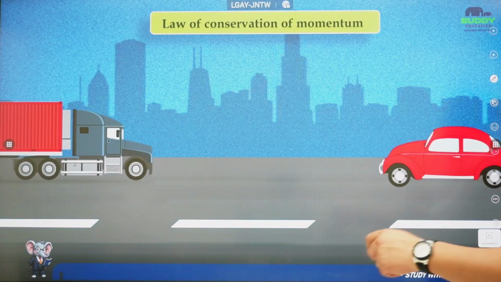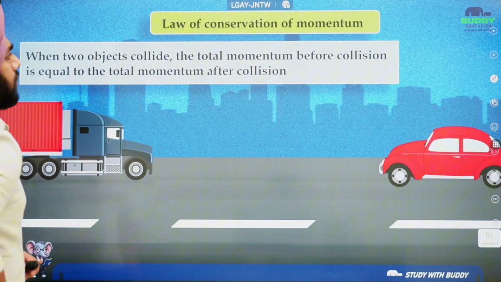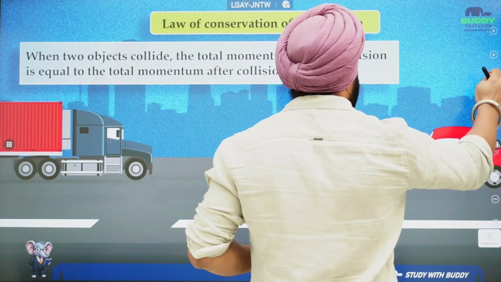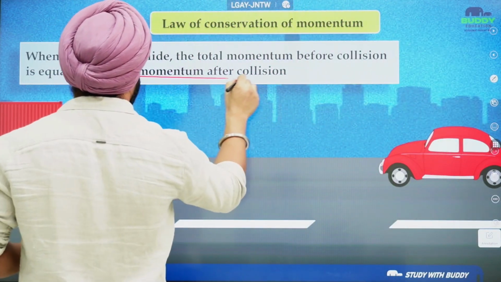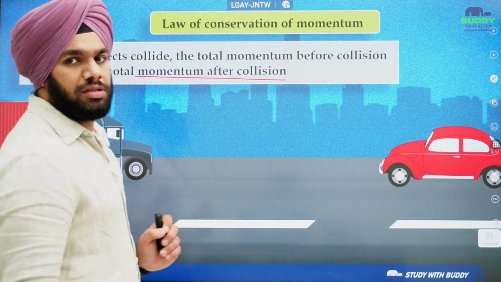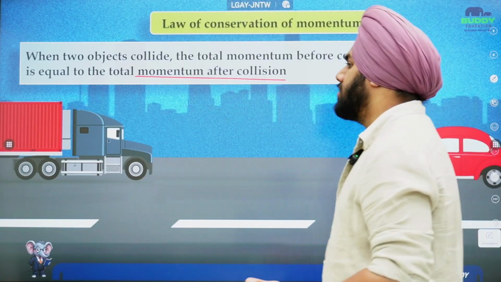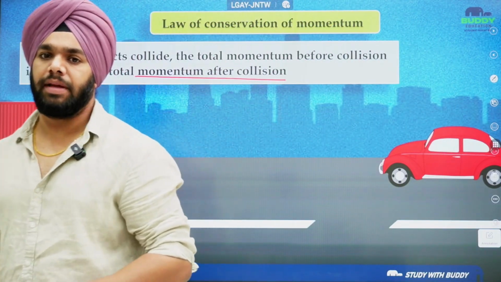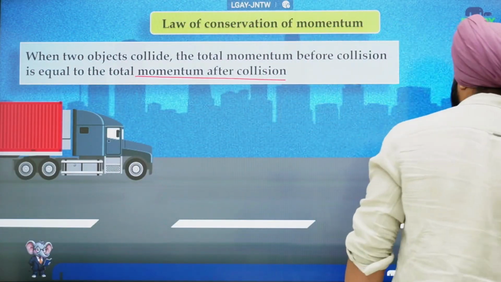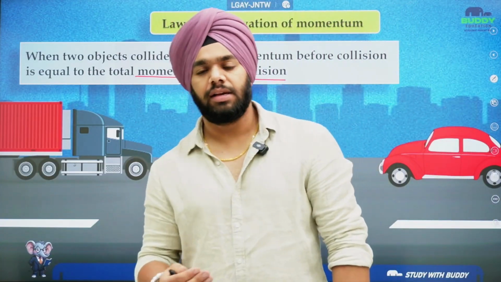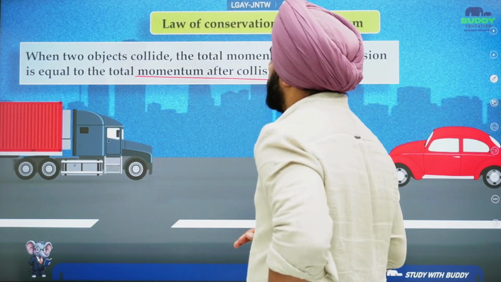So there is a truck and a car, right? When two objects collide, the total momentum before the collision and post collision will be the same, because the net external force is zero. This is a very important point: conservation of momentum is only applicable when the net external force is zero. In class 9th it's very soon to say, but listen to me very carefully.